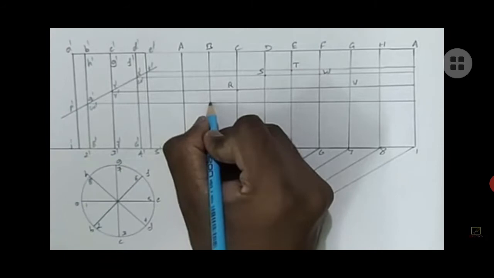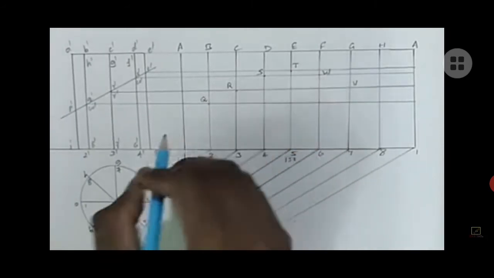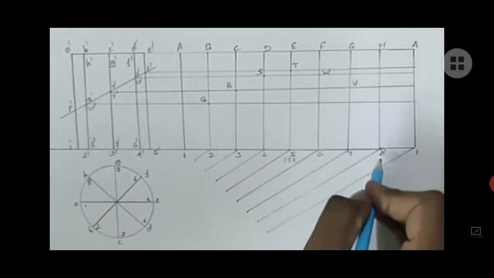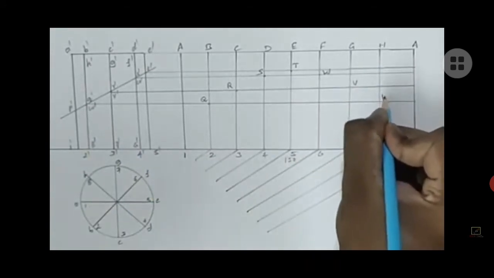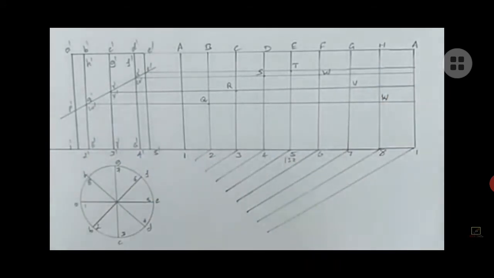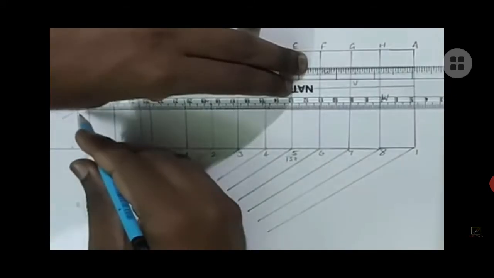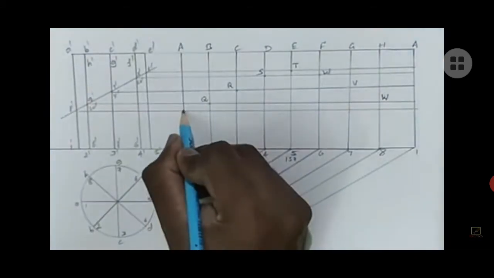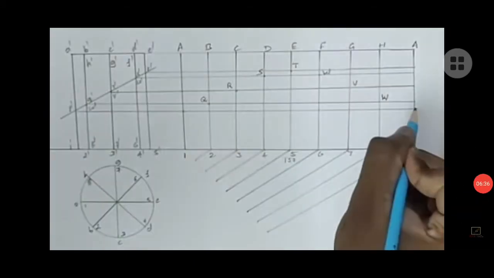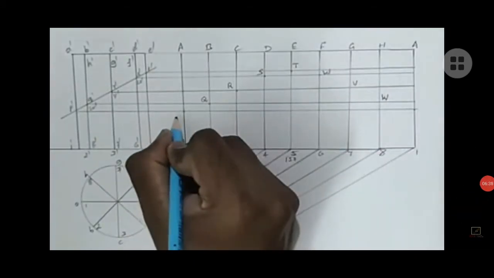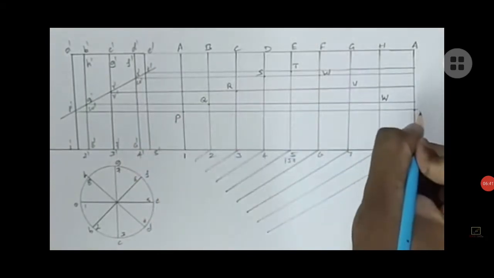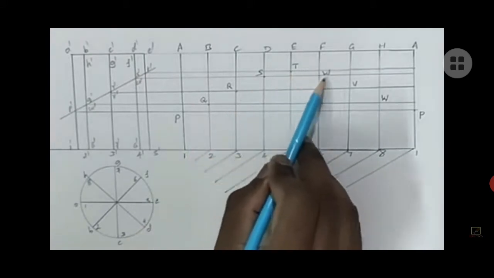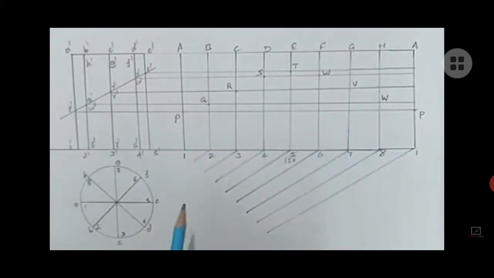So Q is at B. Second is W. Next, at the generator A1, point B is there, so it carries 2 points. Point P is here. Now we have got all the points online.